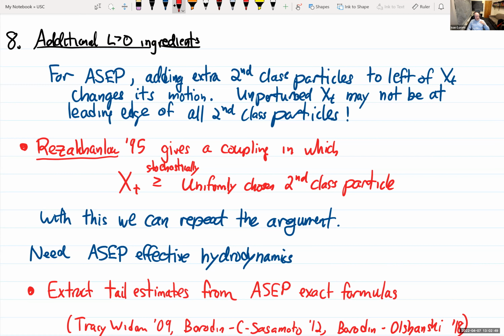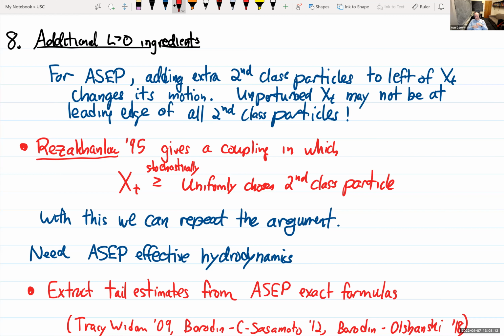So if I add 100 extra second-class particles, so that there are 101 in total, and I uniformly choose one of them at random and look at its evolution, the distribution, over both the randomness of the evolution and the randomness of the one I chose in the beginning, will be stochastically dominated by that of X_t.